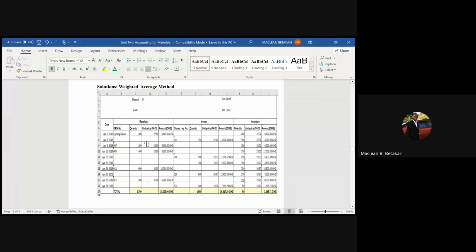Then you take 5,000 and add it to 3,300. So 5,000 plus 3,300, what will you get? 8,300. So you now say that the amount 8,300 divided by 350, then you get the price.